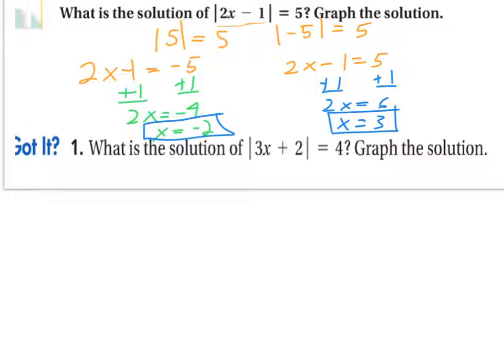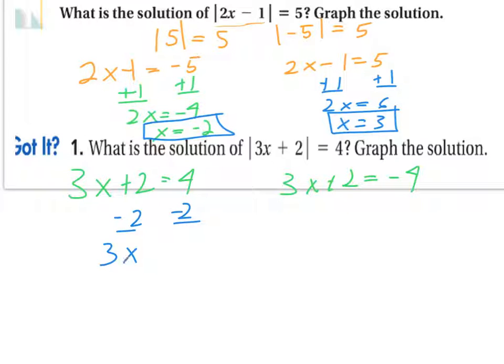Here's another example for you to try. If you want to, go ahead and pause the video and then resume when you are finished. So again, here we'll set 3x plus 2 equal to 4 and 3x plus 2 equal to negative 4. We'll solve those two equations and that will give us our two answers. The reason this works is because there are two values whose absolute value equals 4.